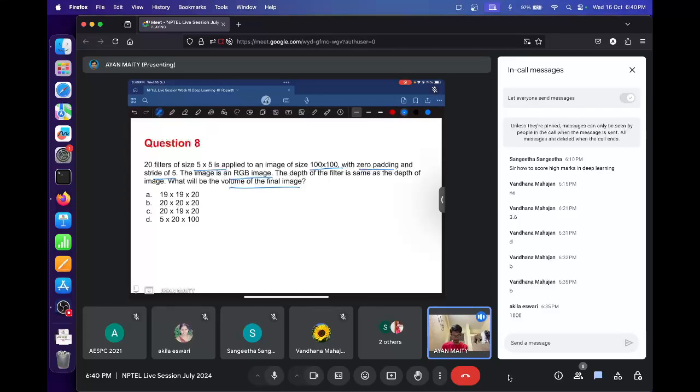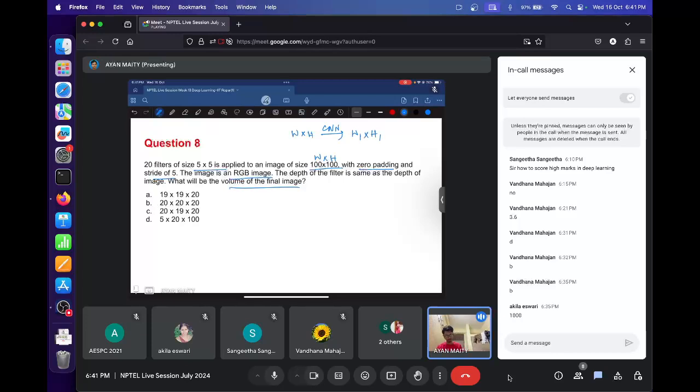So the shape of the input image is 100 by 100. So let's say the width is 100, the height is also 100. W cross H is the shape of the input image, and one layer of CNN transforms this image into W1 cross H1 shape.